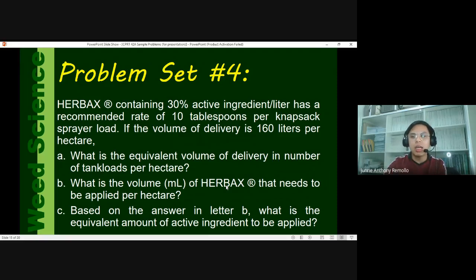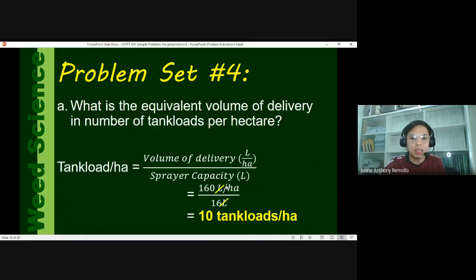So that only amounts to one sprayer load. However, we need to obtain the volume in ml that needs to be applied per hectare. Based on the answer that we computed in letter A, we already got the volume of delivery in the number of tank loads per hectare. So using these values and the given values in problem number 4, we are to compute for the volume in milliliters.